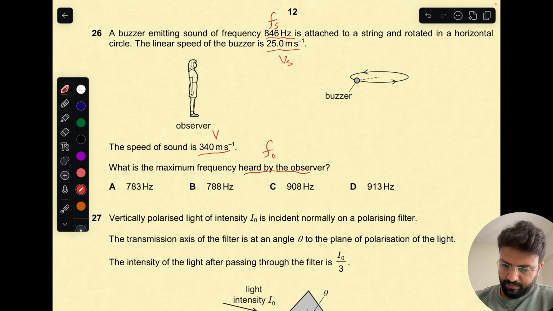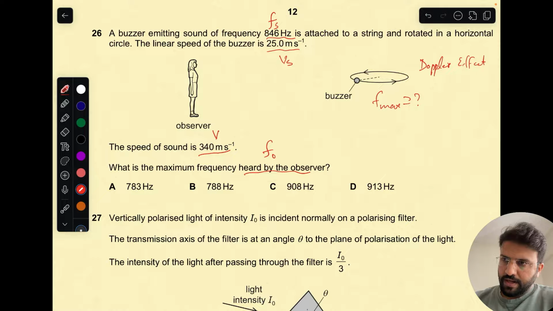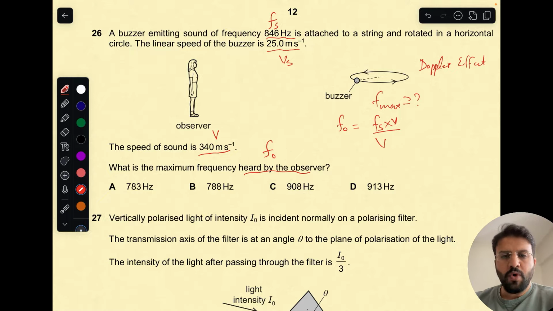This topic is from the Doppler effect. The relation is F naught is equal to Fs into V divided by, you have two options, V plus Vs or V minus Vs. For the maximum, the denominator should be smallest, so it will be V minus Vs. This will give you the maximum observed frequency.